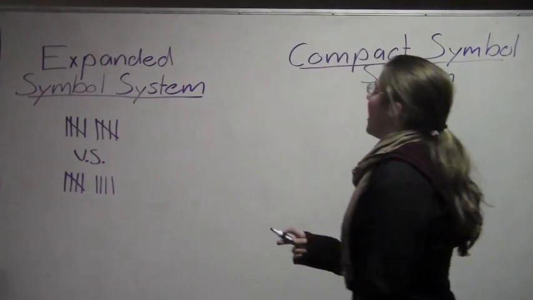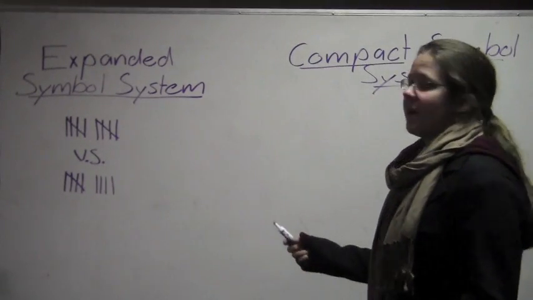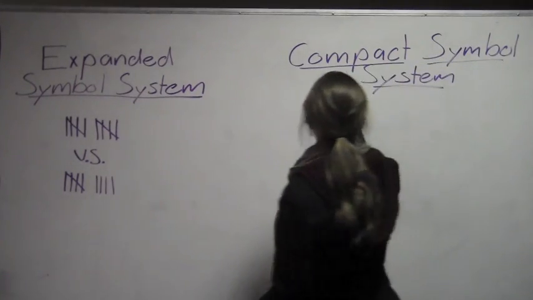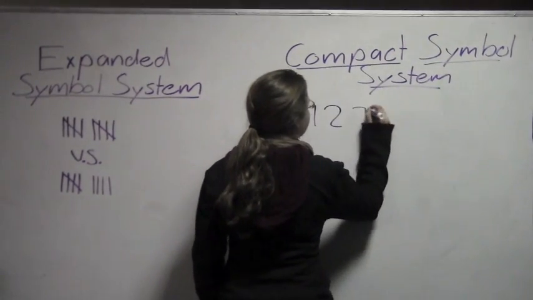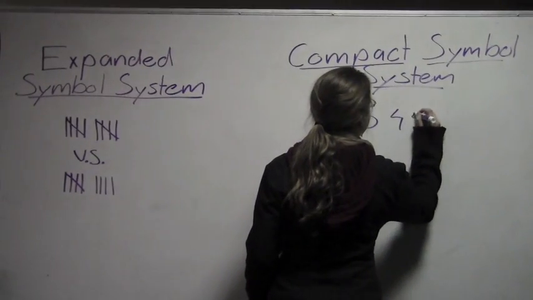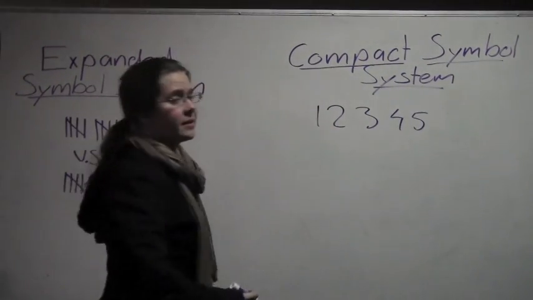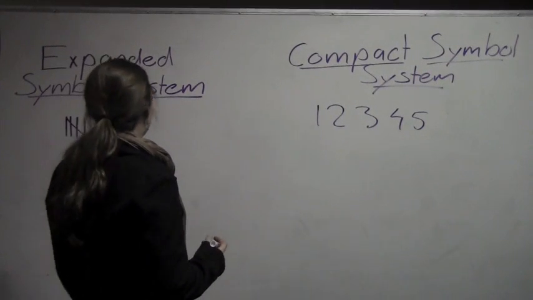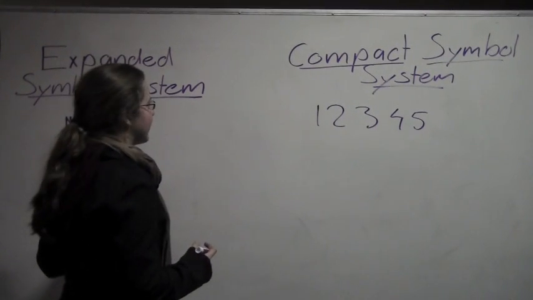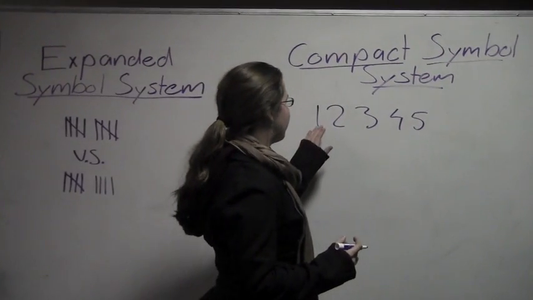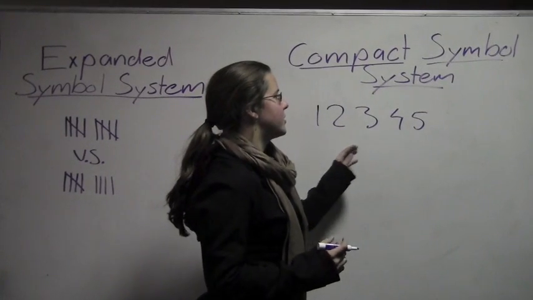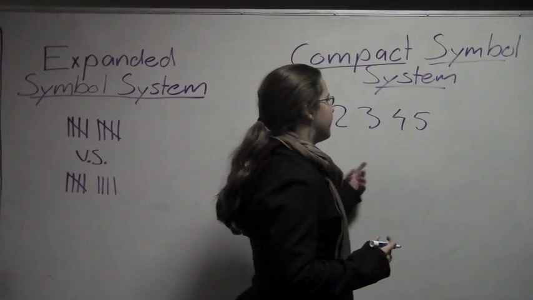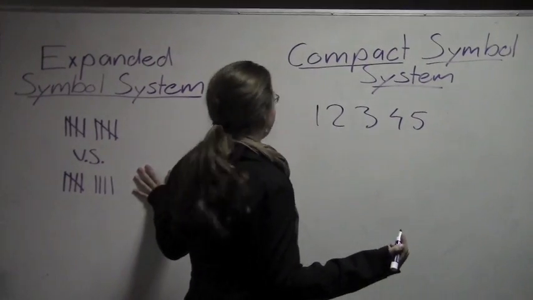So what is a good way of combining grouping, as exemplified here, and the compact number system, as exemplified here? Well, one way that we've come up with as humanity is for every group of numbers to write one of these numbers, so that instead of just counting ones like we are here, maybe we would count fives.